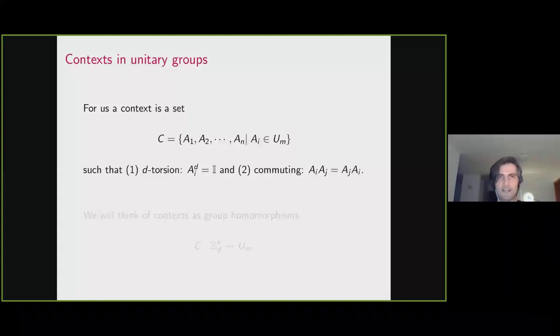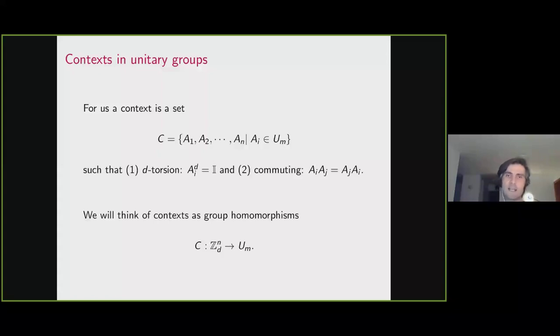Okay, so what are the contexts in this talk? To be compatible with the setup, it makes sense to consider a context as a collection of unitary matrices which are detorsion, meaning that the d-th power of the operators is the identity, and they pairwise commute. These are the first two conditions that also appear in the definition of a linear constraint system. But in a more compact form, we can think of these contexts as group homomorphisms from n copies of Z mod d to the unitary group.